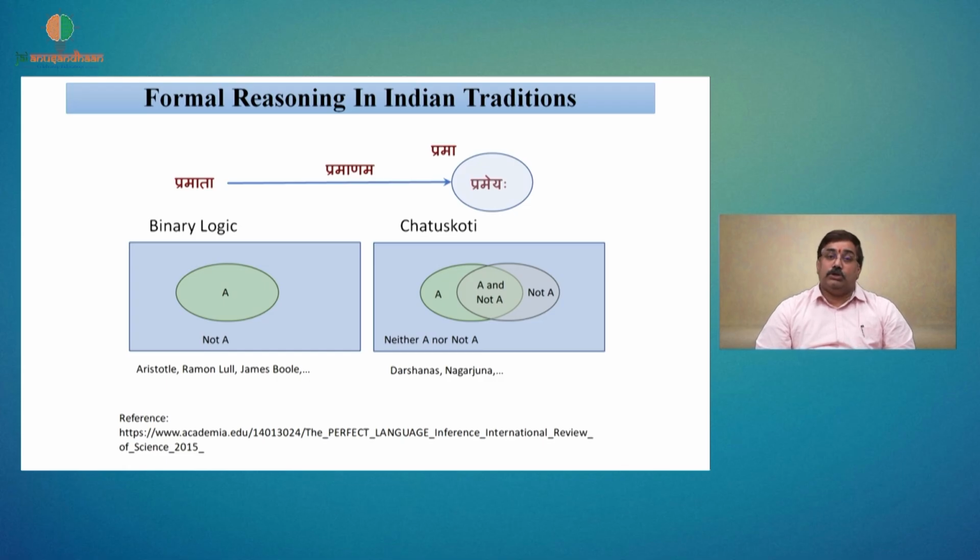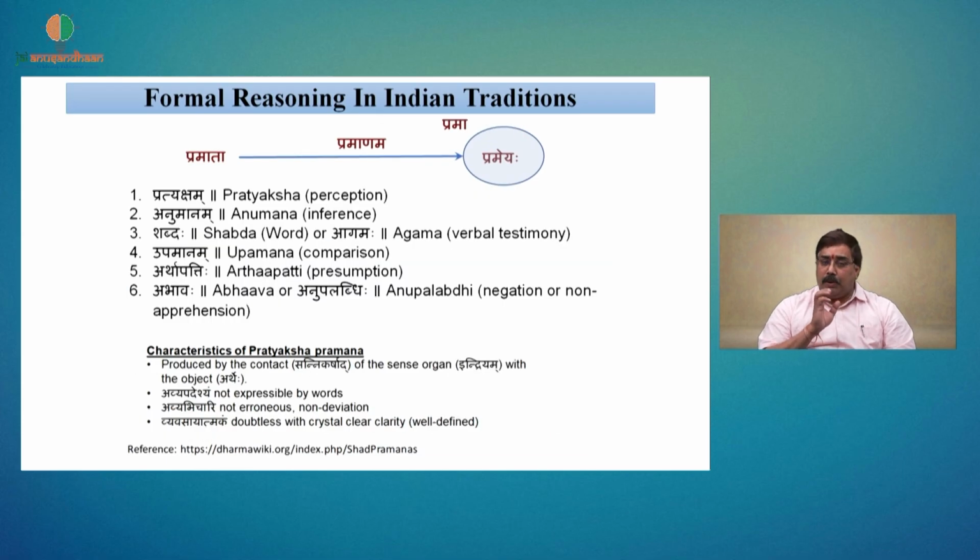We talked about Chatushkoti. For example, Acharya Nagarjuna talks about Chatushkoti. There was even eightfold logic. And all of these things were developed in India. And when we talk about Pramanam, the way of obtaining proper knowledge, there were 6 Pramanas. There is Pratyaksha, which is direct perception, and Anumana, that is inference.